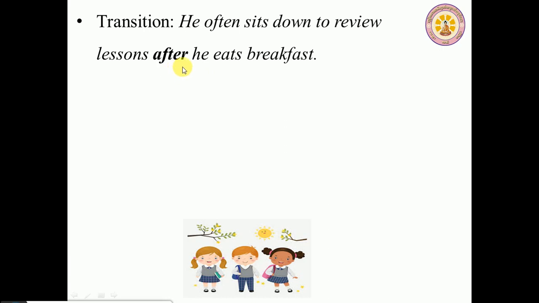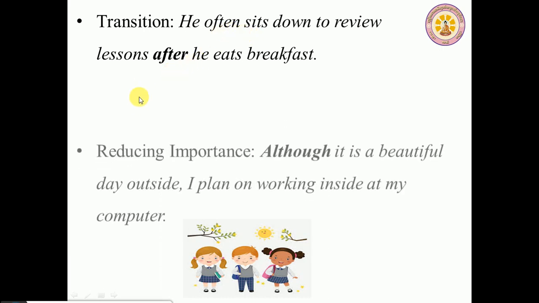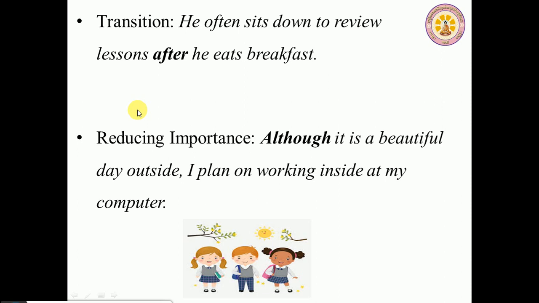The clause introduced by the subordinate conjunction is less important than the main clause. This is the main clause: he often sits down to review lessons.